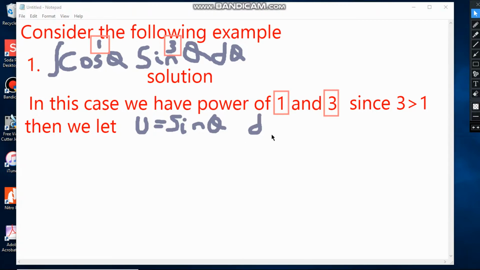So when we differentiate u with respect to theta, we get cos theta d theta. So cos theta d theta is equal to du.